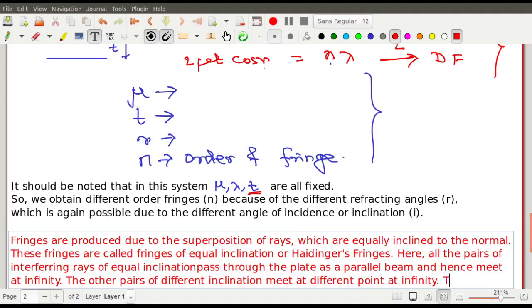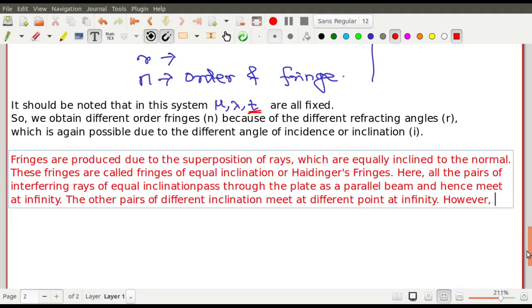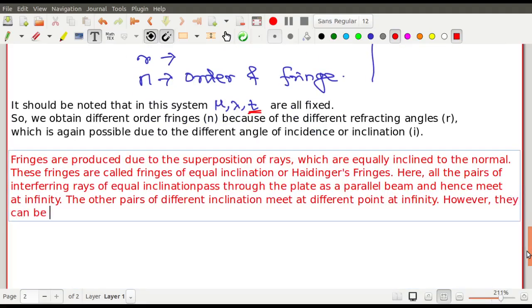Therefore they can be focused, however they can be focused with a lens as in figure.